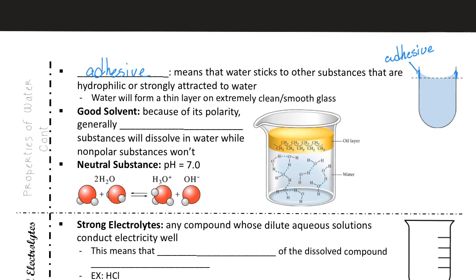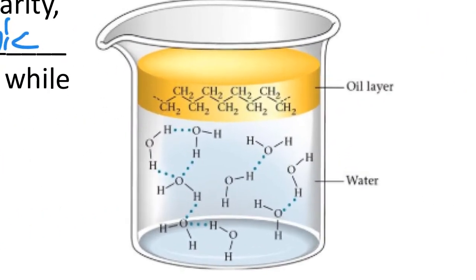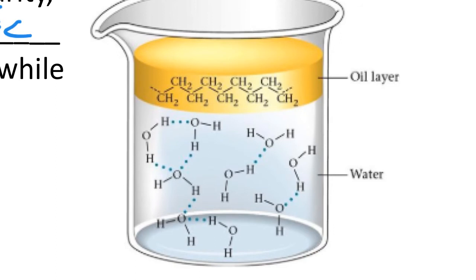Water is a good solvent, and it's going to dissolve polar and ionic substances in water. So zooming in on this, here's our oil layer, and it's not mixing with the water because this has no charge to it at all. None of the parts of this molecule have any charge whatsoever. We're looking at our water.